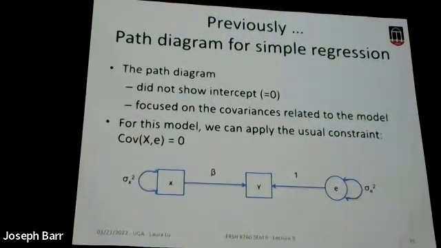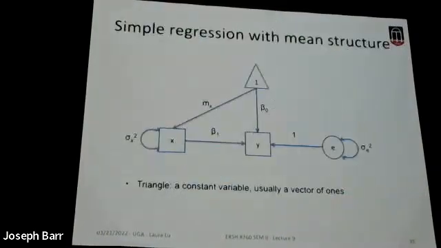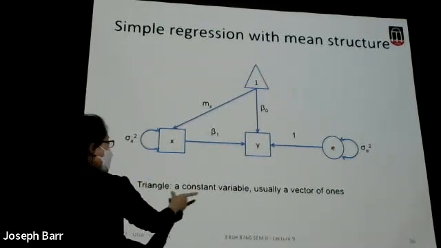But now, let's look at the mean and covariance SEM. So we have two parts. You can see that we have a new symbol here, a triangle. What does that mean? A triangle in SEM means a constant variable.